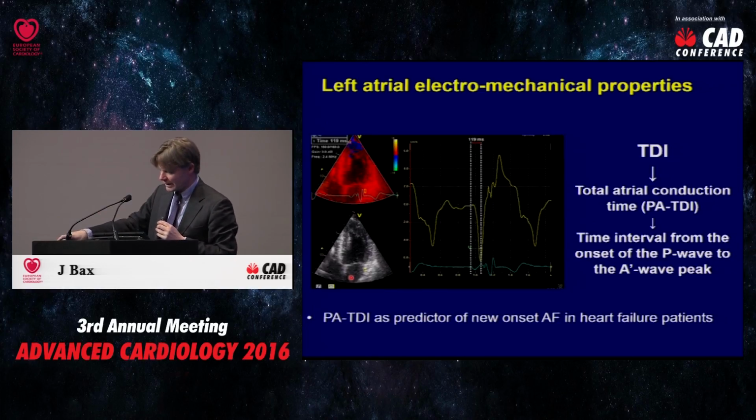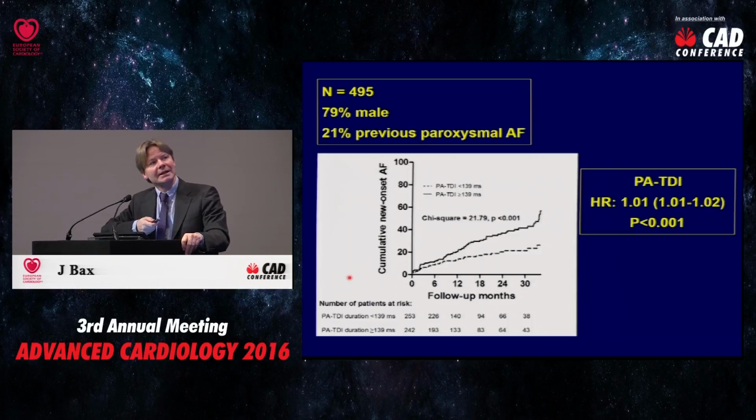So if you look at that, you see that actually here we took almost 500 patients, 20% with previous paroxysmal atrial fibrillation, and we looked at the PA-TDI, if it was predictive for these heart failure patients to develop atrial fibrillation. And we saw the ones that have a long PA-TDI and the ones that have a short PA-TDI, that the ones with the long PA-TDI develop much more atrial fibrillation.